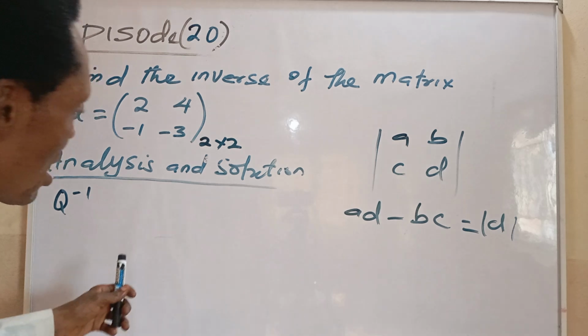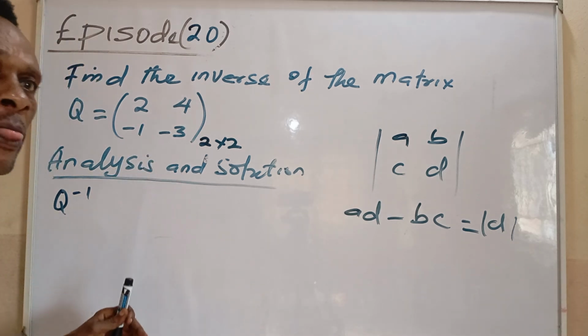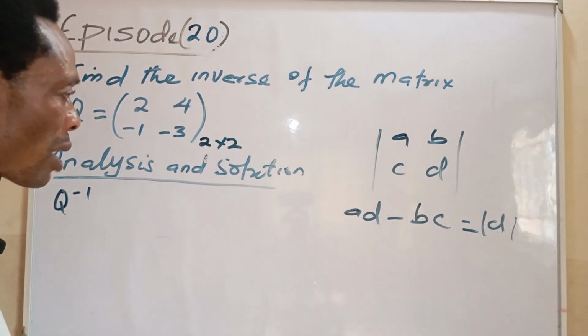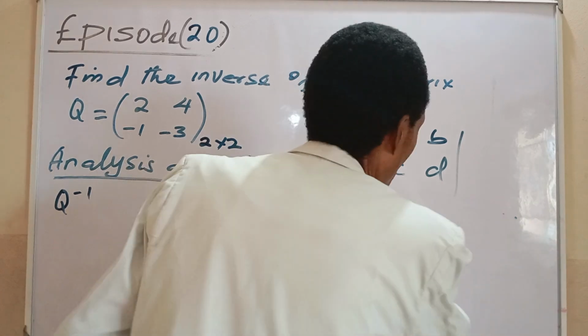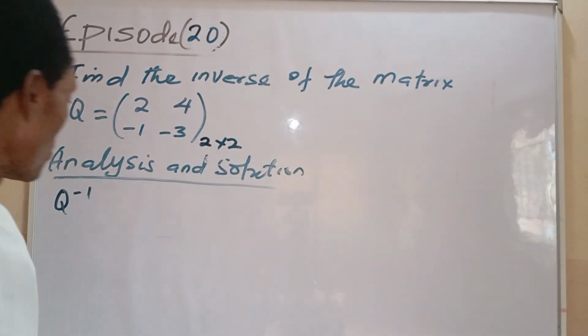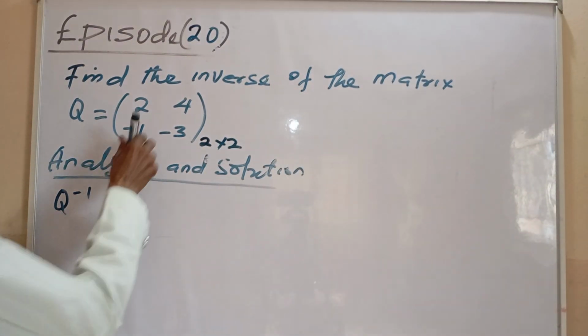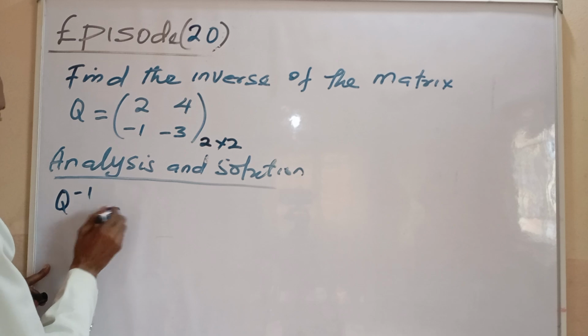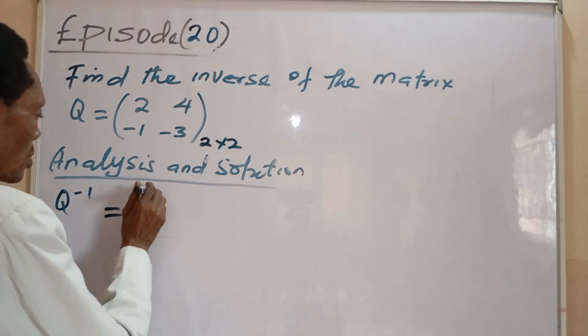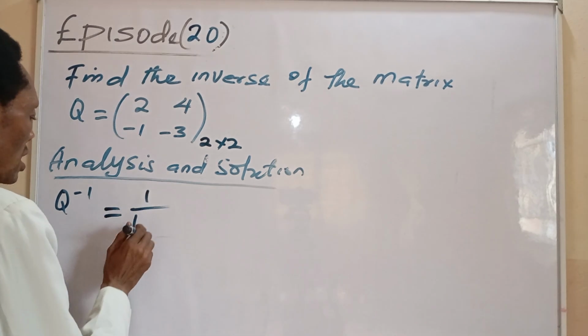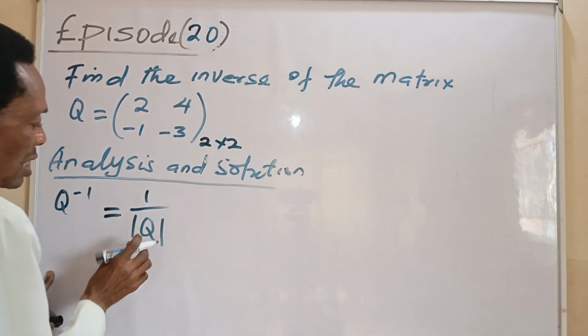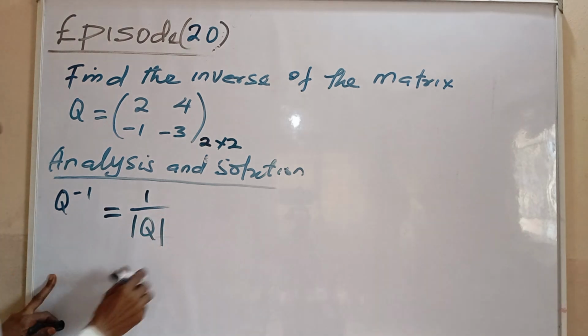So let's state how the answer will look. We will find the determinant of Q, but the answer will be in this form: the reciprocal of the determinant of Q. This is the determinant, this is the sign of the determinant.